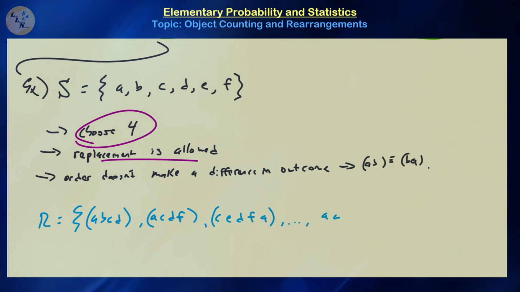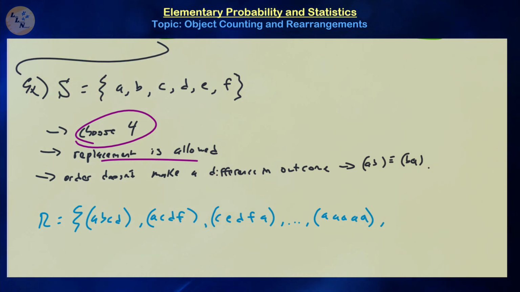Also, you could have A, and A. Now, in the original combination where replacement is not allowed, this wouldn't be possible. But when replacement is allowed, you can get, for example, A, B, B, and oh, we're only selecting four of these elements, right? So why is there a fifth element there? Yeah, so let's delete them.